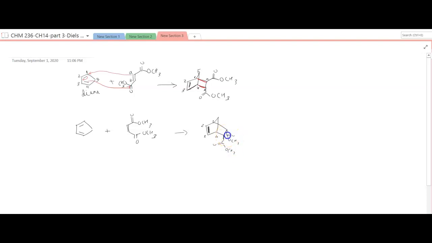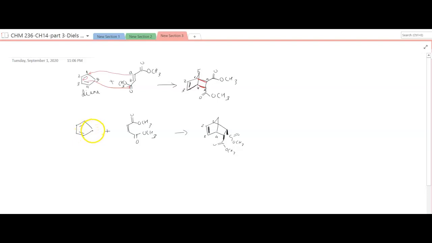So here we have that carbon of our ester group. Let's redraw this a little cleaner. COOCH3. Let's make sure that it looks like they are both pointing down. So this is how you will complete the reactions using cyclic dienes.